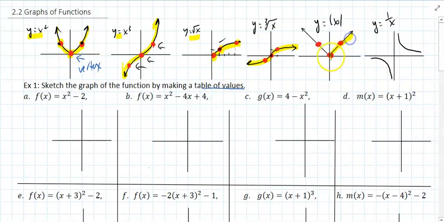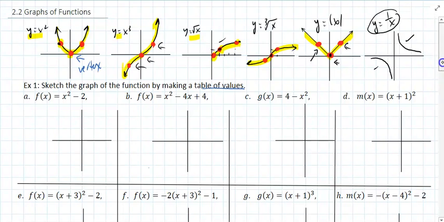Absolute value looks like a V, but again, the main 3 points that preserve the characteristics of this graph we will find. And 1 over x is a graph that looks like this. No need to focus much on that, because when we get to chapter 3 we're going to tackle that all by itself when we do rational functions. For now you're going to see it every now and then, but in chapter 3 we're going to tackle that head on.